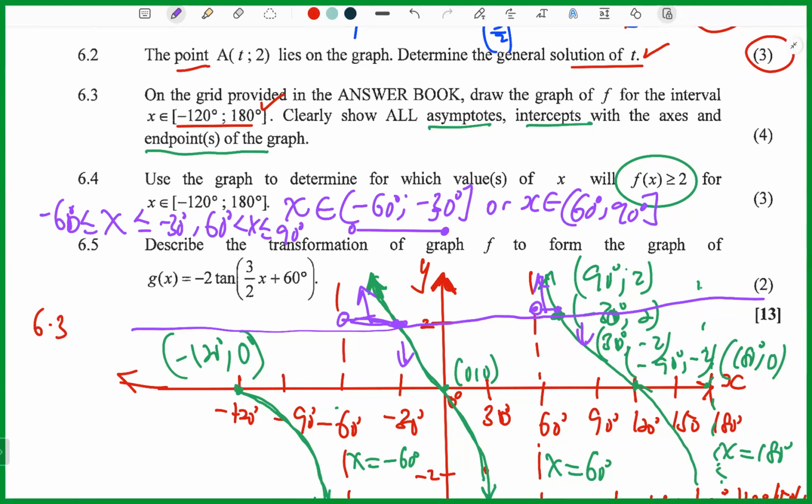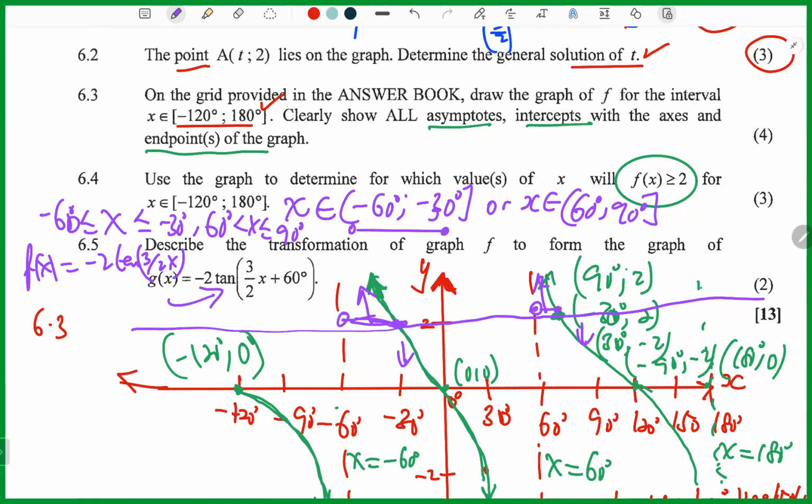Describe the transformation of graph F to form the graph of this one. Okay, so what kind of a transformation has happened? If we look at the fact that the function F was minus 2, the tan of 3 over 2x, but now it has become this.